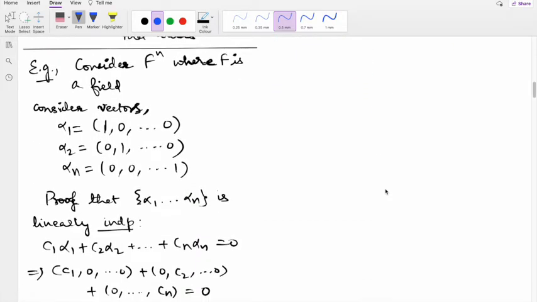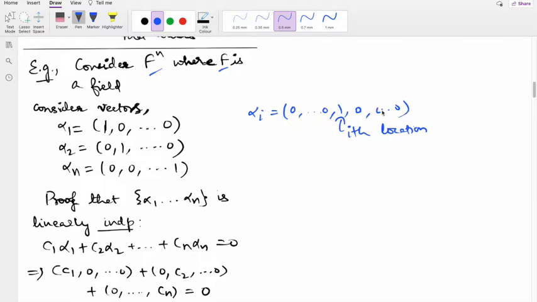For example, we know for a fact that if F is a field, F^n is a vector space. Now we'll consider vectors like this: alpha 1 is (1, 0, and so on), alpha 2 is (0, 1, and so on). Basically, I'm choosing alpha i such that I have zeros everywhere except the ith location, or ith coordinate, in this tuple, which is 1.